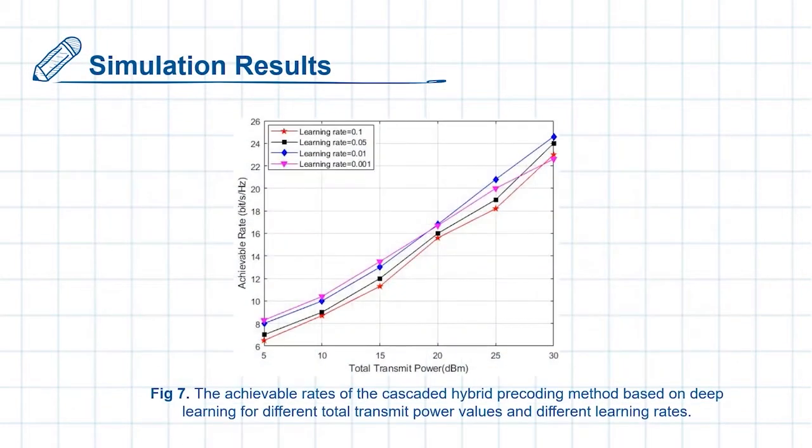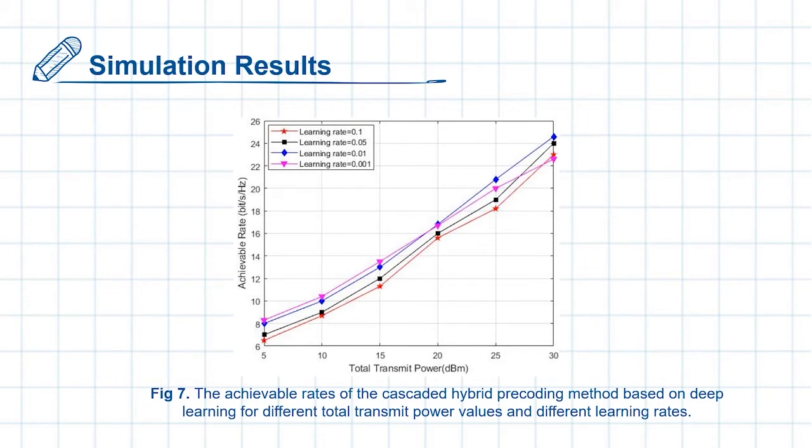Figure 7 shows the relationship between the achievable rate and the total transmit power for different learning rates. It can be seen from the figure that the proposed cascaded precoding is optimized by a lower learning rate, because a higher learning rate will lead to a higher validation error.